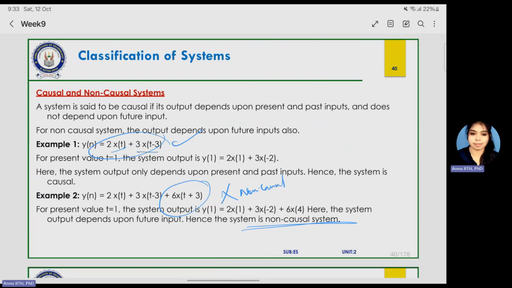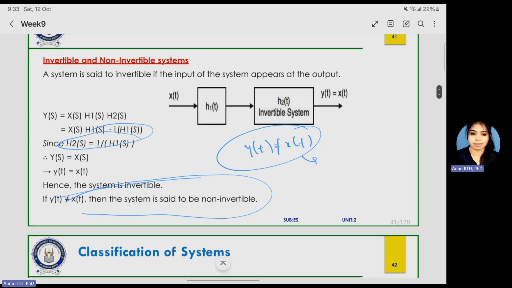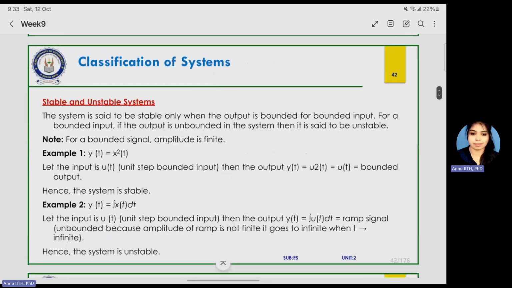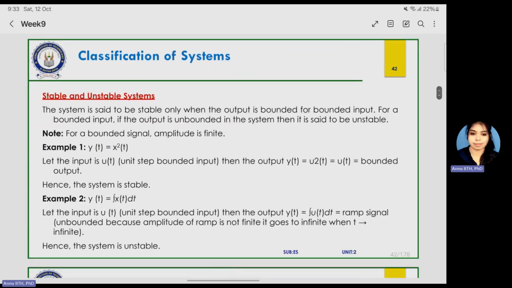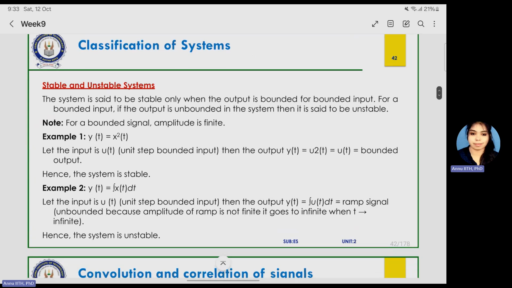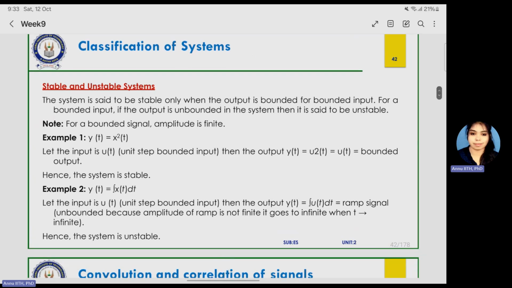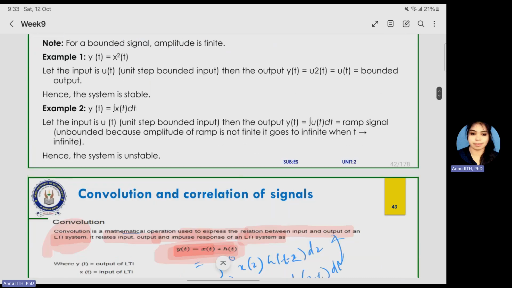Classification of systems, simple, invertible, non-invertible, stable, unstable. If y(t) equals x squared, the system will be stable because it is a bounded input, bounded output. Similarly, y(t) equals integration of x(t) dt. Since it can go to any value, you don't know what value it will go, so it will be unbounded even for a bounded input. So it is a non-stable system.